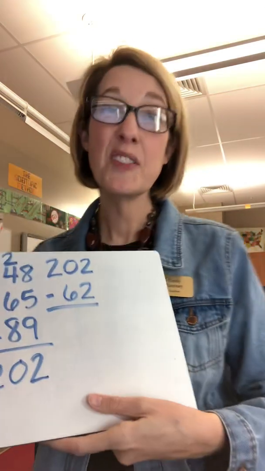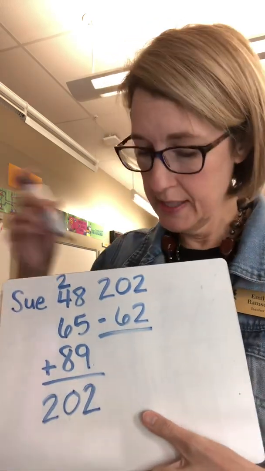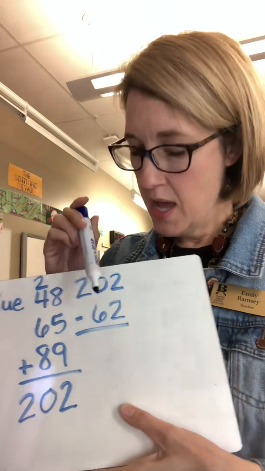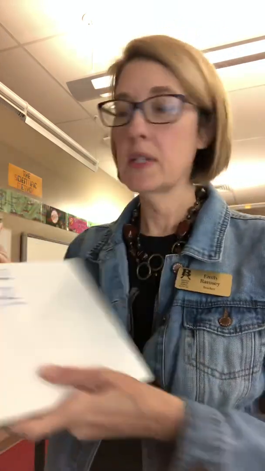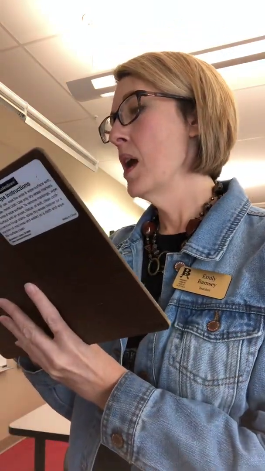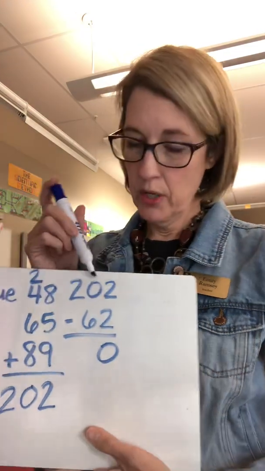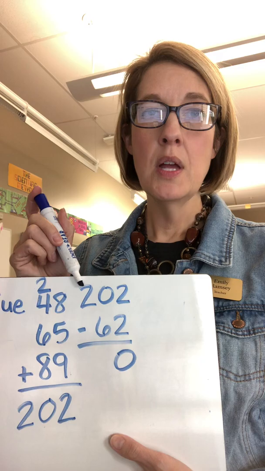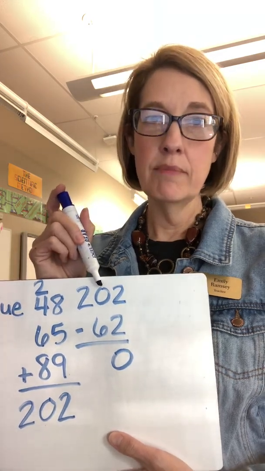On this one, I'm gonna have to borrow, not at first. I lined it up really well. I've got my ones, my tens, and then the hundreds. 2 minus 2 is 0, so I got that one no problem. But when I'm borrowing across a 0, when I have a 0 here, I'm gonna have to go over here, and I'm going to have to borrow and make this into a 10, okay?